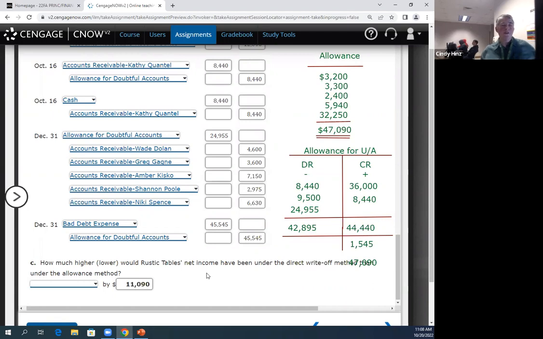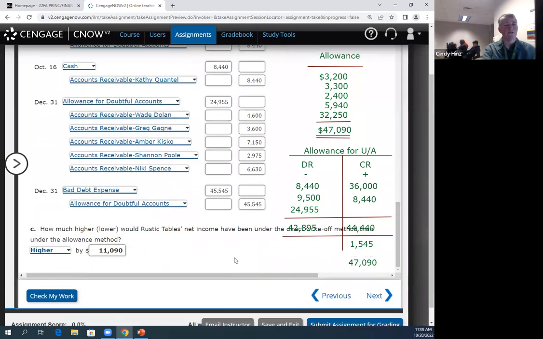So which one's income would have been higher? Yeah, because the expense was lower by $11,000. That means the income would be higher by $11,000. So under the direct write-off method, the income would have been higher by $11,090.